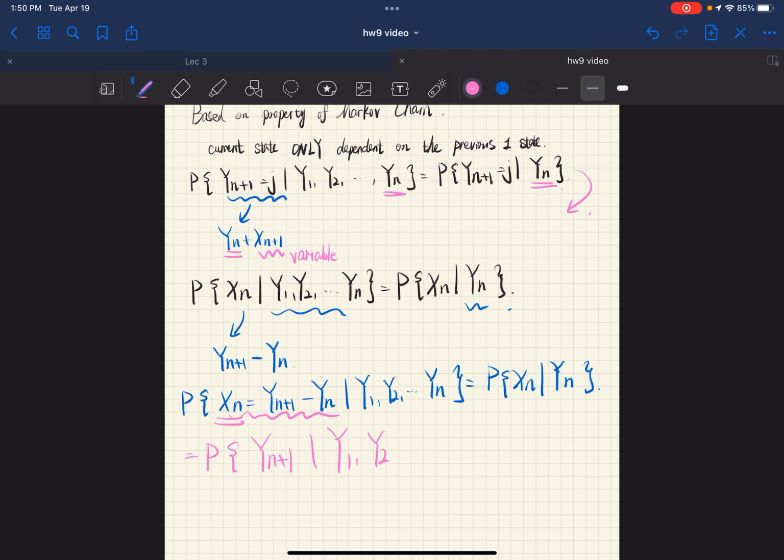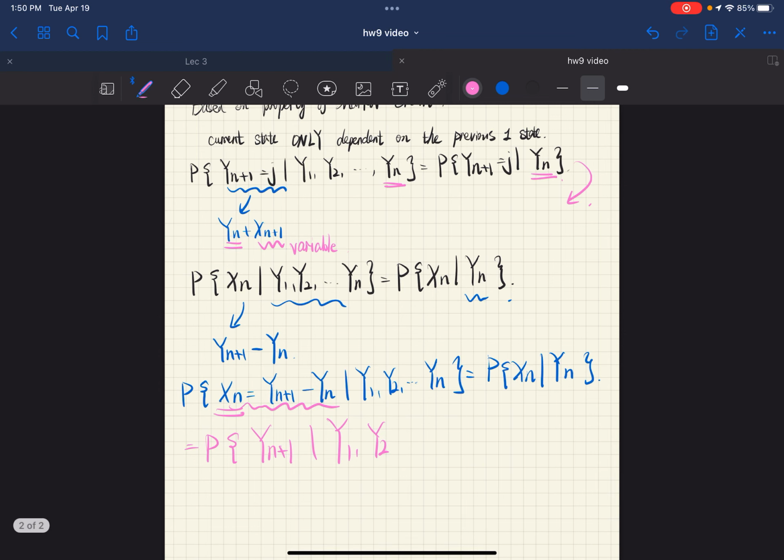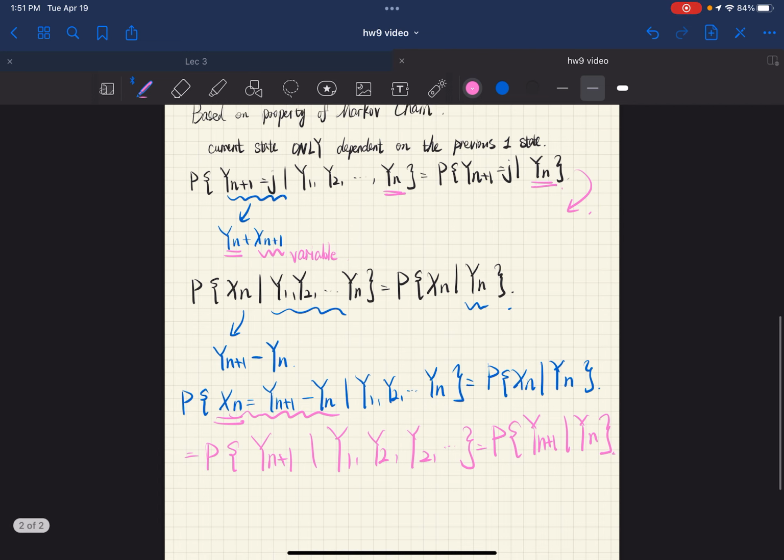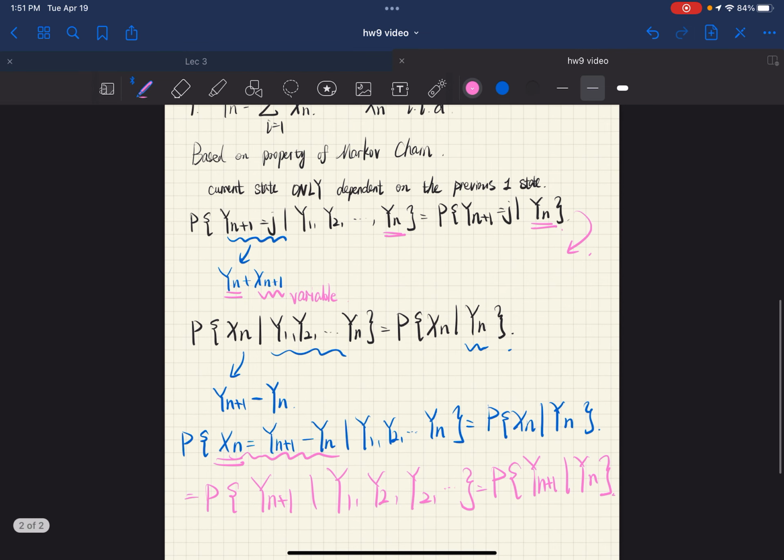And since Xn and Yn are independent of all later variables, we can rewrite it as equal to the conditional probability of Yn plus 1 conditioned on Yn. So here we have completed our derivation that Yn is a Markov chain.